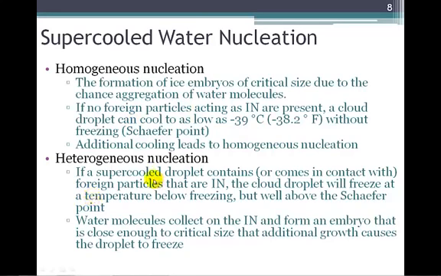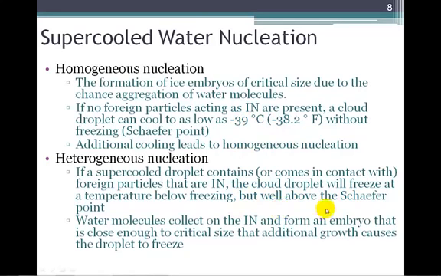Heterogeneous nucleation, same process. We have supercooled water, but this time there are some foreign particles involved, or the water comes into contact with some particles that will serve as freezing nuclei, ice-forming nuclei. So if you introduce that, then you have the likelihood that you're going to have nucleation occur, but the water won't have to dip down to that Schaefer point, to that drastically low temperature.